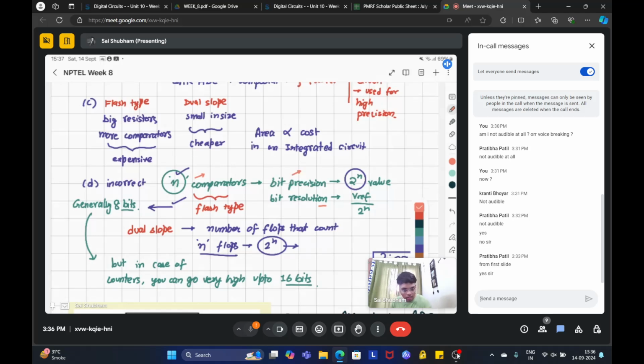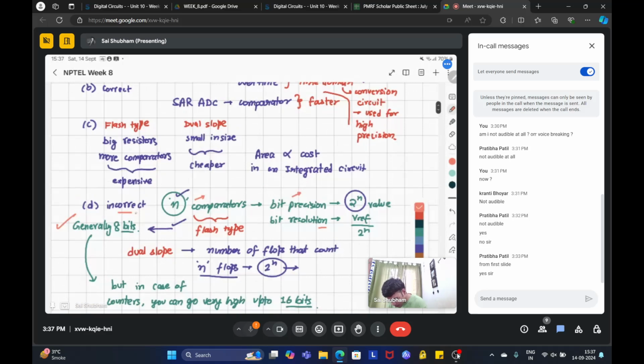In dual slope, you need to make a counter, and counters are made from flip-flops, which are much smaller than comparators, which are made up of op-amps and so on. So we have a constraint on the number of bits of a flash ADC. In general, we make flash type ADC of around 8 bits, but with counters we can go up to 16 bits. So dual slope ADC has higher precision. Fine, so D is also incorrect.